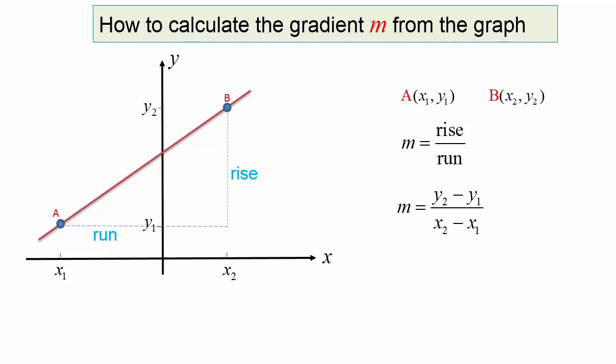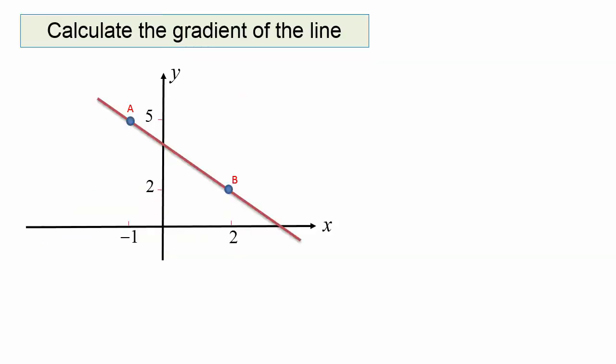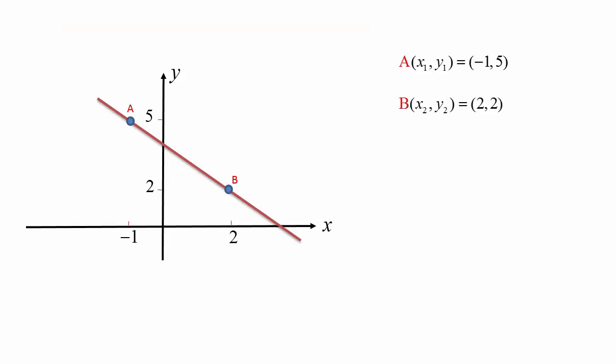Let's try an example of this using actual numbers. Here is our straight line. We have 2 points already shown, A and B. First step, to write down the coordinates of points A and B. The coordinates of point A are negative 1, 5, and the coordinates of point B are 2 and 2.